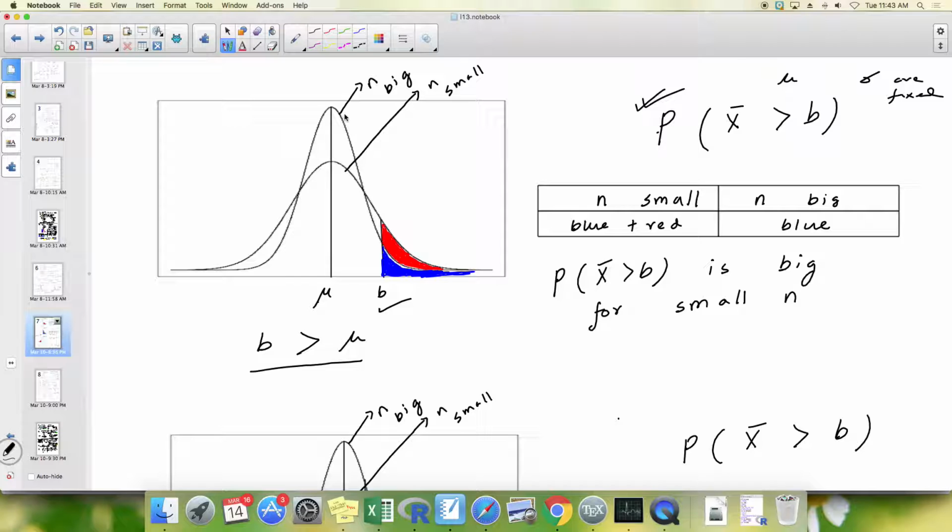For the smaller value of n, that means for the short and flat graph, it's red plus blue. And for big n, this is a skinny graph. For the skinny graph, it's only blue. And in this table, I have written just that. So for n small, the tail is blue plus red, and for n big, the tail is just blue.